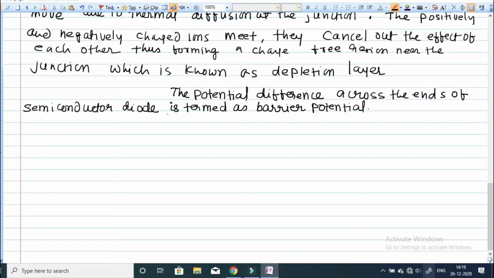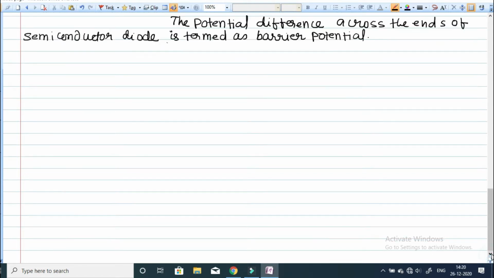First, what is biasing? Biasing is nothing but connecting a diode to an external battery. So now we will study the forward biasing and reverse biasing of the PN junction diode.